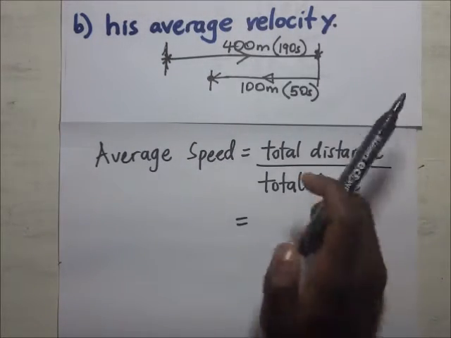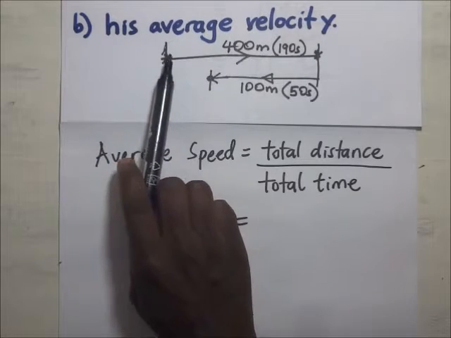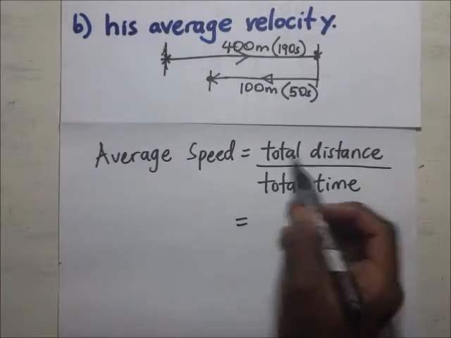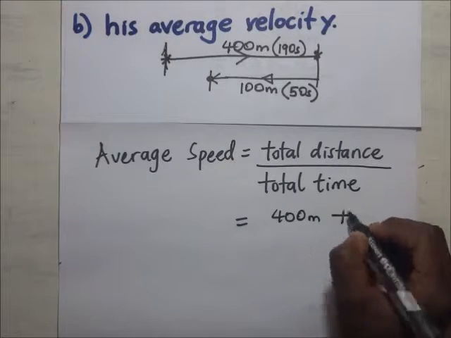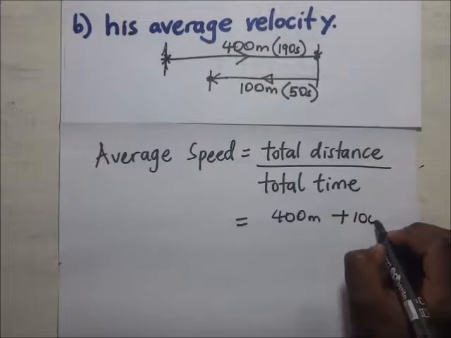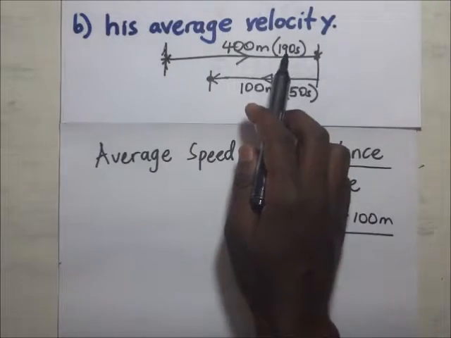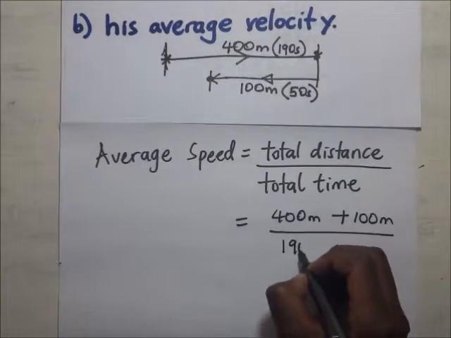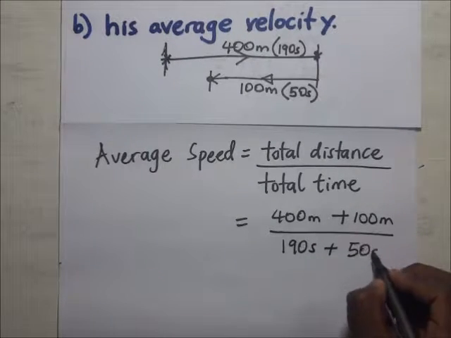Total distance covered here: the guy started from here. He moved 400 meters that way, plus 100 meters. So the total distance covered is 400 meters added to 100 meters, and we divide that by the total time. When he was moving the 400 meters, he moved for 190 seconds, and when he came back, he moved only for 50 seconds.